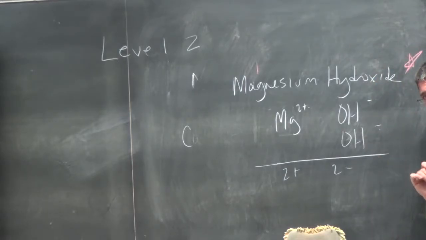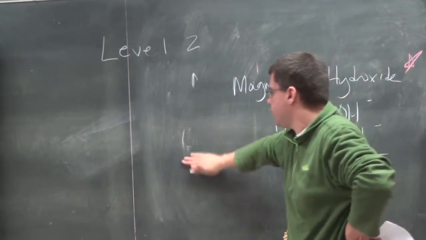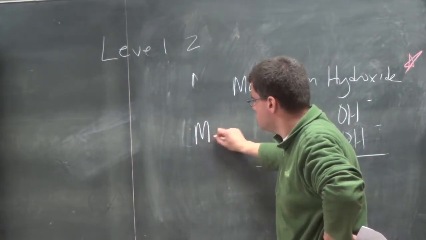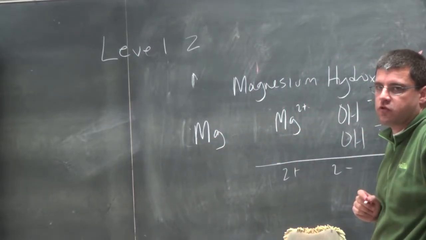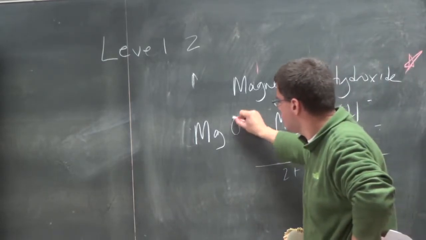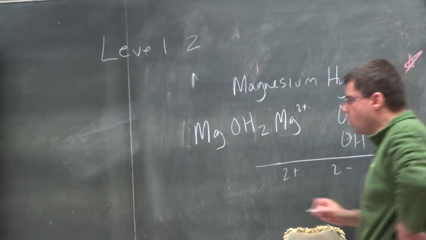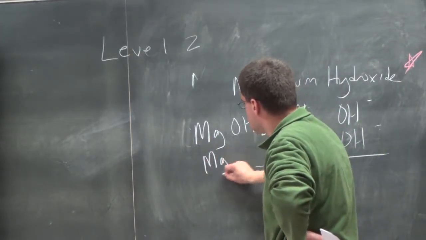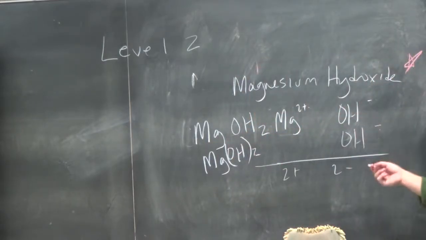Now watch this. This is the trick. How many magnesiums do I have? 1 magnesium. I have 2 hydroxides. This is where everyone screws up. Is that right or this? Look over here.